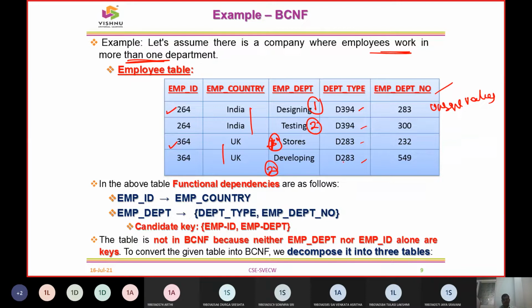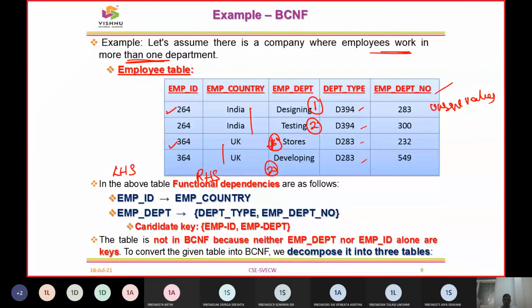Now in this above example, let us look into the functional dependencies. What will be the functional dependency: we are going to have the left hand side element and the right hand side element. So employee ID is going to be functionally dependent on the country code. Whatever employee ID is going to be there, now we are going to link it to the employee country.